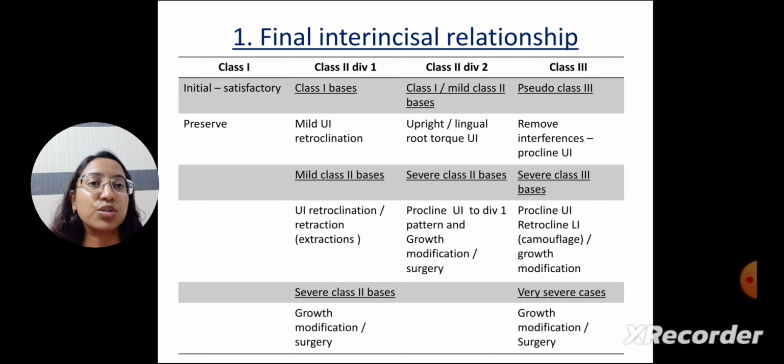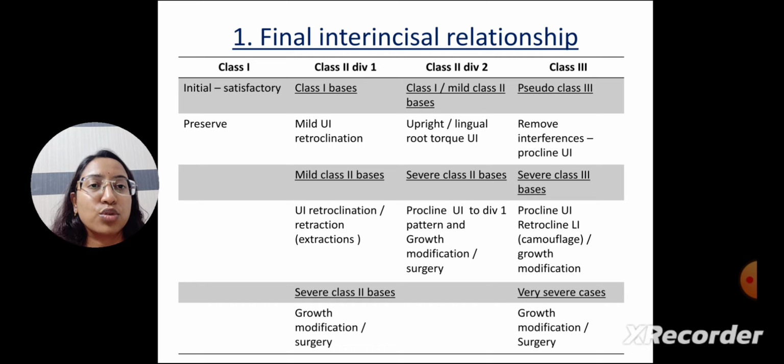Similarly, if it is a class 2 division 1 malocclusion, what is happening? We have a class 2 molar relationship and increased overjet, that is, maxillary teeth may be proclined. If this kind of malocclusion is on a class 1 basis, it is like a mild class 2 malocclusion where just tipping or retroclination of the upper incisors will be sufficient to get a good positive relationship between the upper and lower incisors.